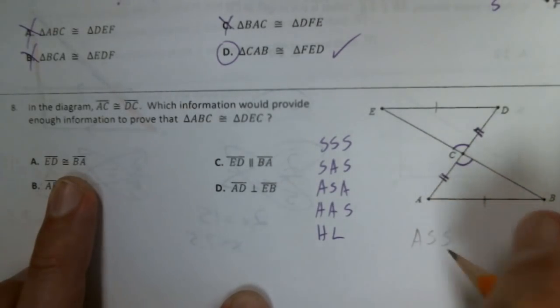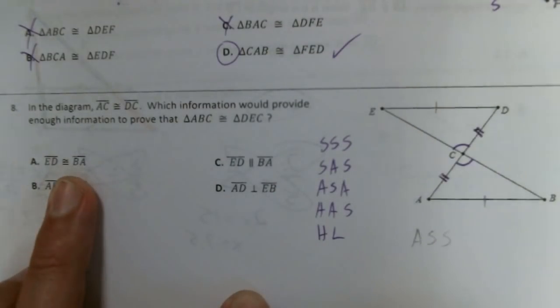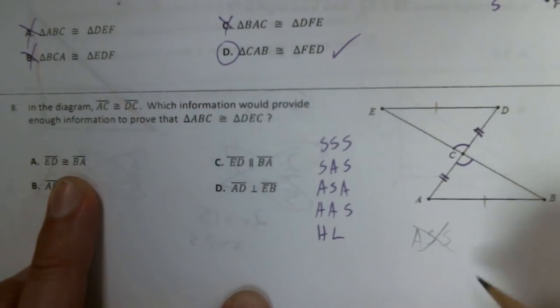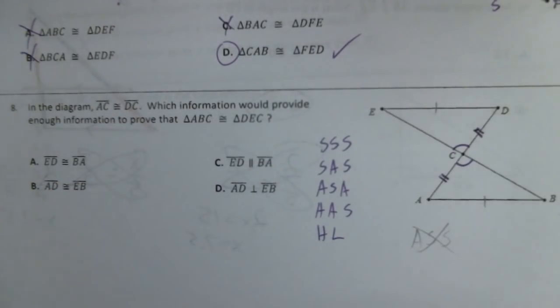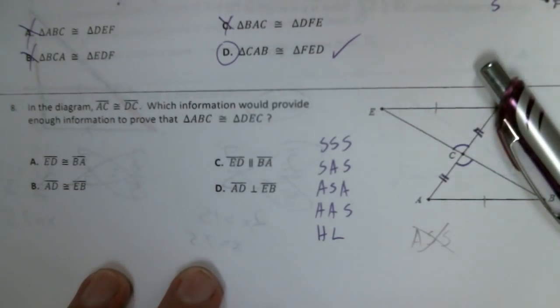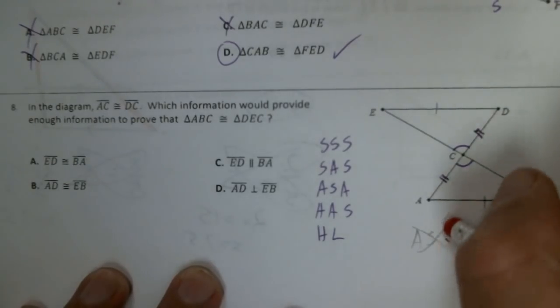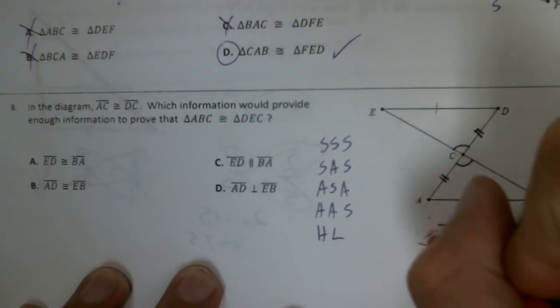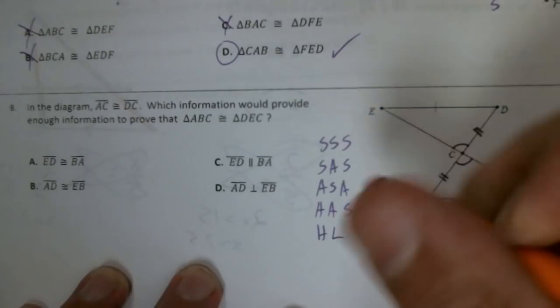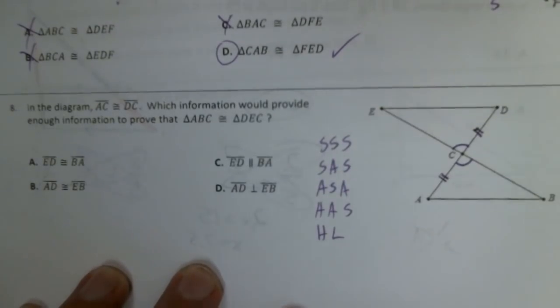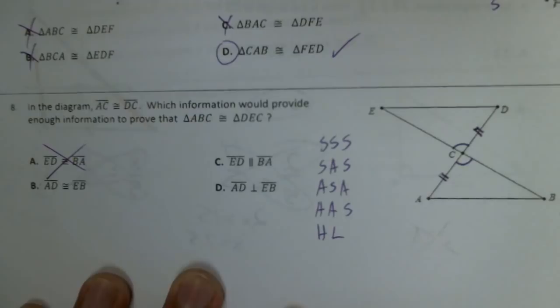Angle, side, side. That's not one of them. If it spells a bad word, boys and girls, frontwards or backwards, it is not one of them. Okay? SSA, ASS, that does not work. Thank goodness for erasers. Okay. See you later. Get out of here.